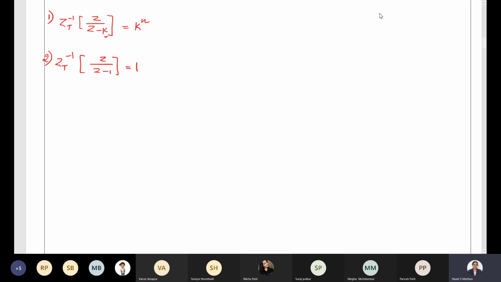Next, we have the third one, inverse Z transform of Z by Z minus 1 whole square. What is it? It is N. Next, the fourth one. Is it correct?